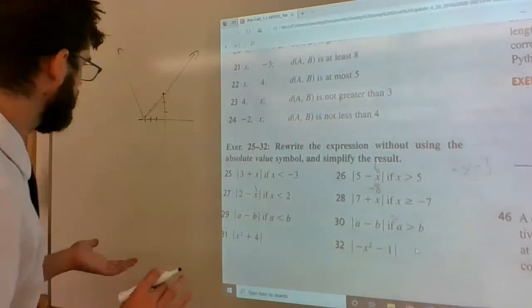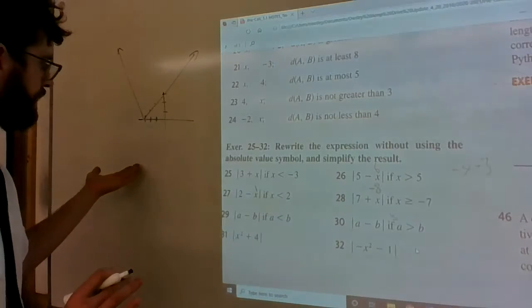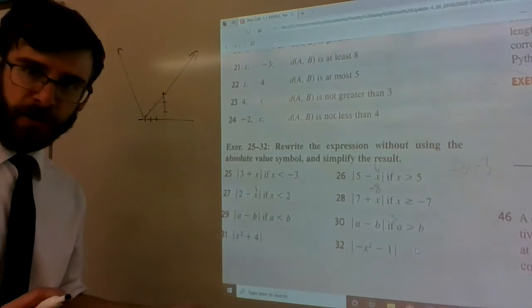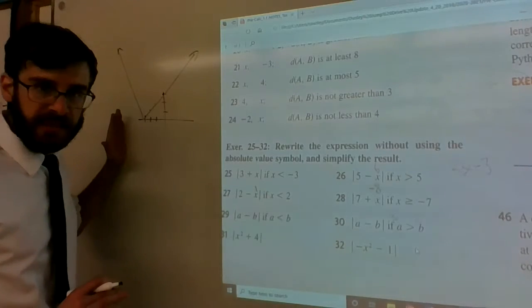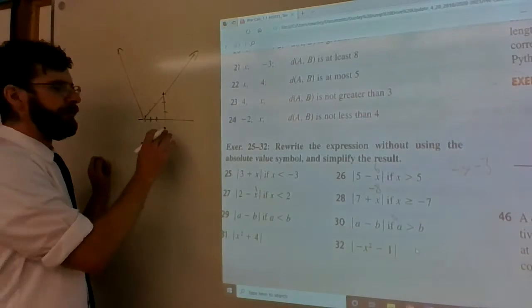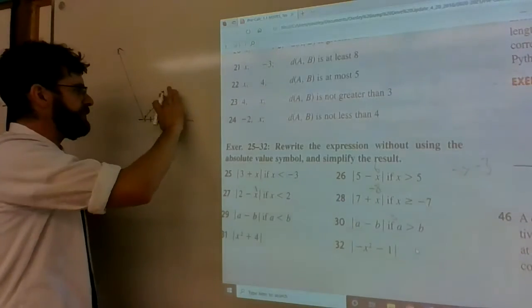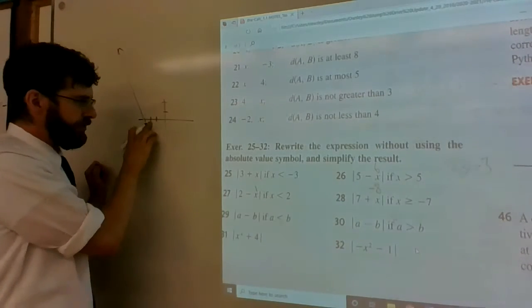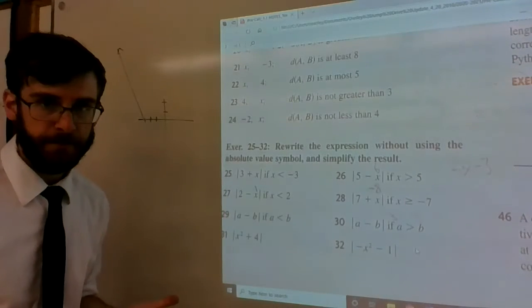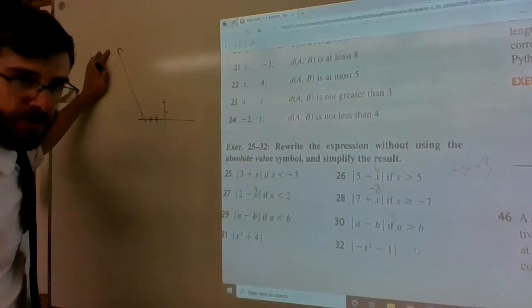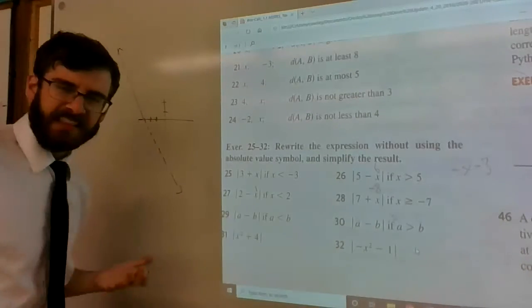The absolute value bars create this V shape. If I took the absolute value bars away and wanted to just look at the behavior on the left, it's like saying, forget everything that's greater than negative 3: negative 2, negative 1, 0, all that's bigger than negative 3. What are we left with? We're left with a linear equation that, if extended further, is a line.